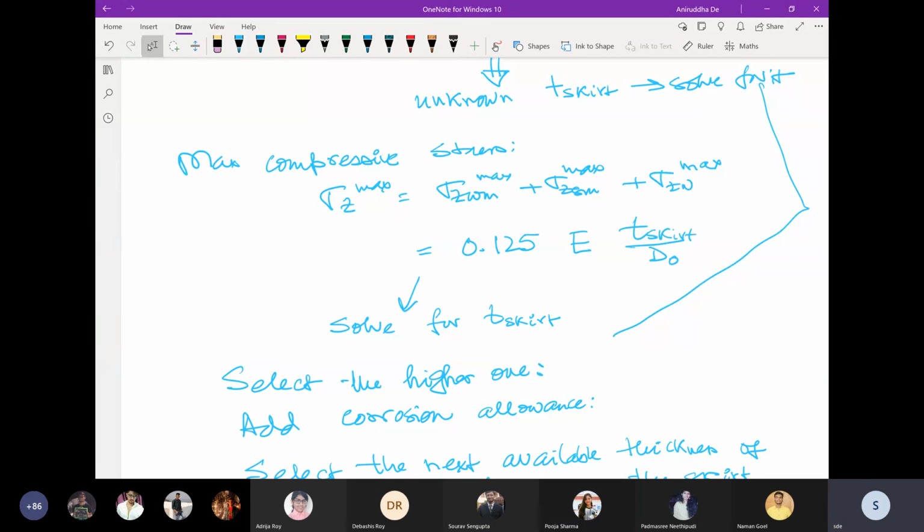Thank you, sir. Sir, I have one doubt. Sir, skirts are there to support the tall vessels, but for the time period calculations, should we also take the weight of the skirts?